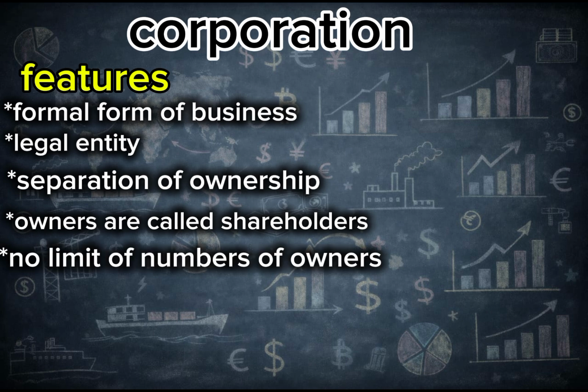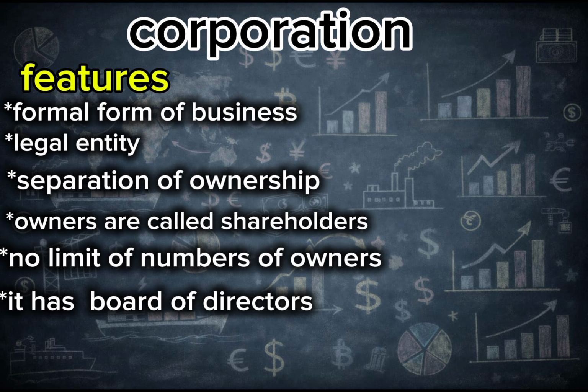Therefore, there is no limit to the number of owners in a corporation. And because there is no limit to the number of owners in a corporation, all the owners cannot obviously manage that corporation, or oversee the top managers they employed. So what do they do? They come together and elect a board of what?